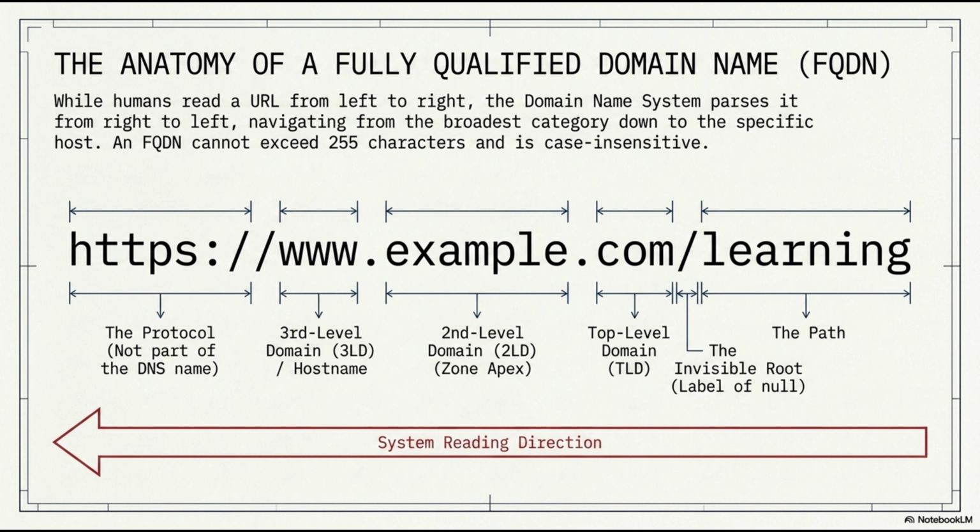Next comes the second-level domain, example, which identifies the organization or owner. Finally, the host name, such as www, identifies a specific service or system. Understanding this hierarchy is important because DNS resolution follows this structure from right to left.